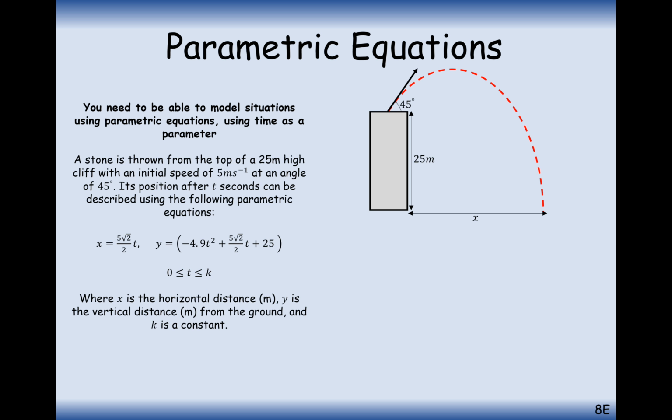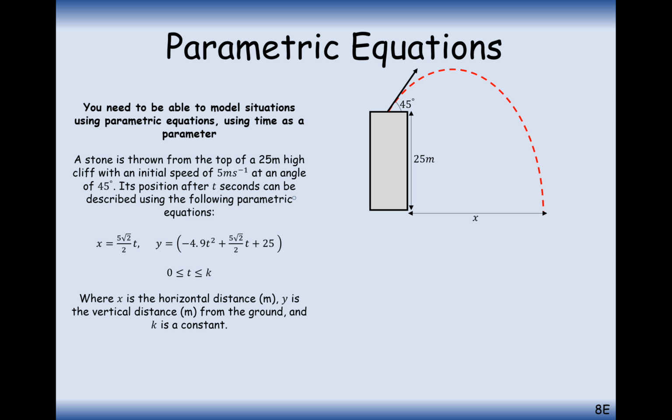Okay. Alright, so let's move on to a second variety of these modelling with parametric equations. In this case, a stone is thrown from the top of a 25-metre high cliff with the initial speed of 5 meters per second at an angle of 45 degrees.